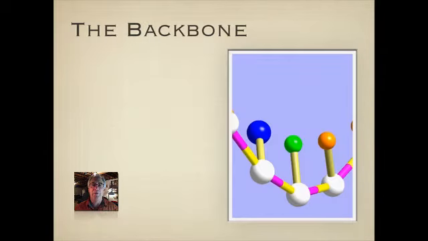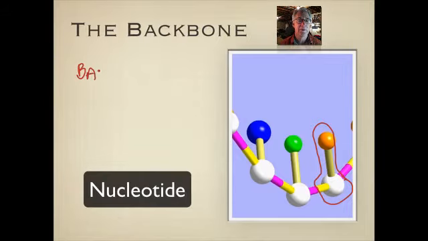And the backbone of that, what puts all this together, is what we call a nucleotide. And this piece right here, these are all nucleotides. 1, 2, 3 nucleotides. A nucleotide has 3 distinct parts. It has a nitrogenous base, and there are 4 different kinds of them, by the way.